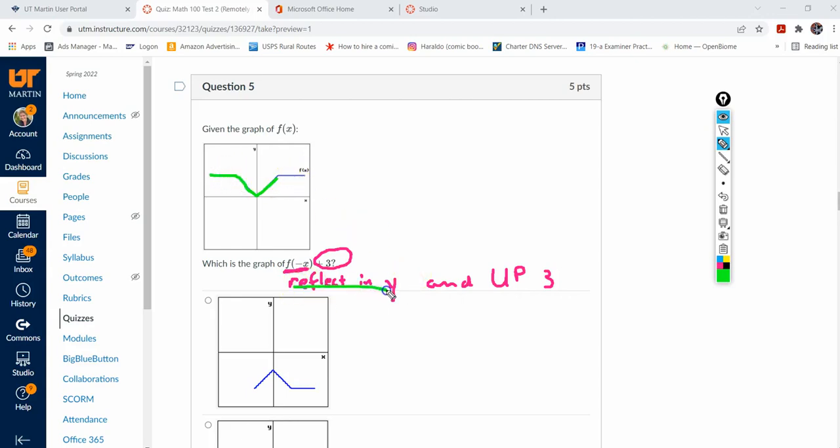Okay, so that's that first step. Then take the green one and shift it up by 3. And so that's going to push it right up to the top here. So this is the one that I'm looking for, what I've drawn there in red.